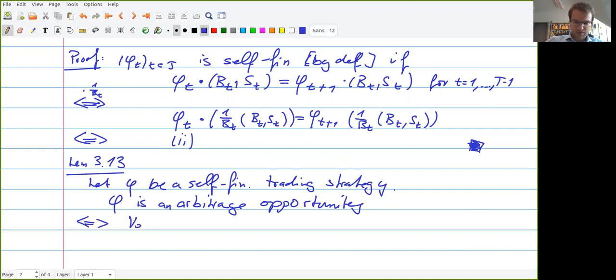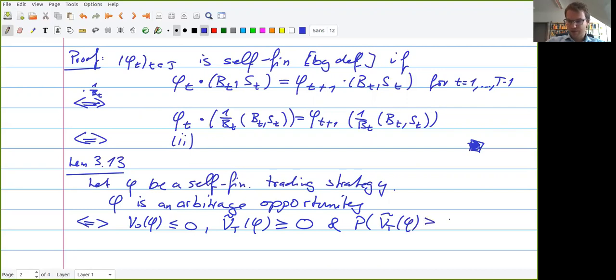equivalent to saying, well, I start with initial capital which is less or equal than 0. And now the terminal discounted value I have is almost surely non-negative. And with a positive probability, the discounted value I have at the terminal time is strictly positive.